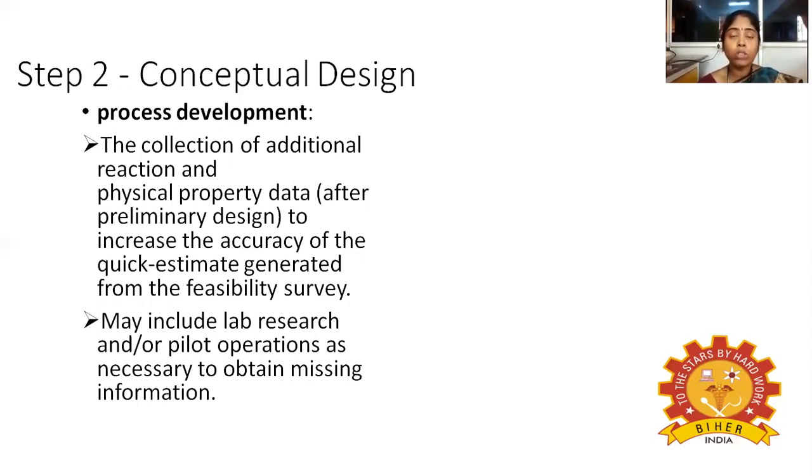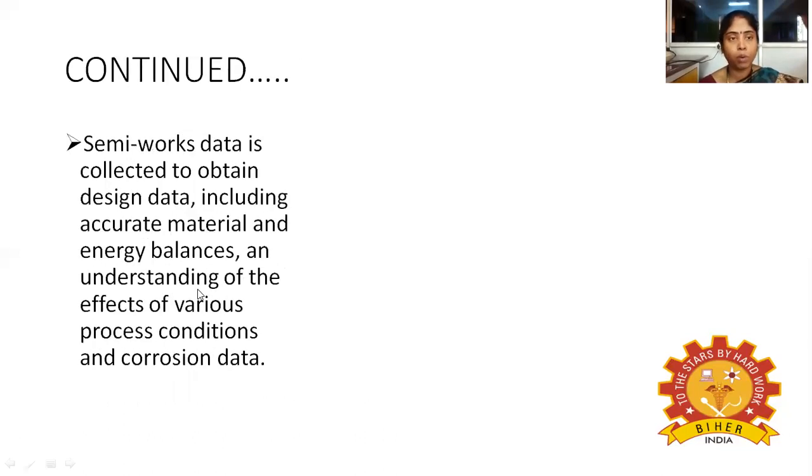So it includes the laboratory, the pilot scale, and also the industrial scale. In this case, there should not be any missing data, so that it can be taken to the next level for the designing process.